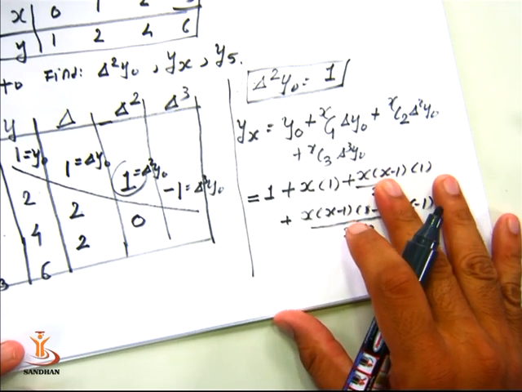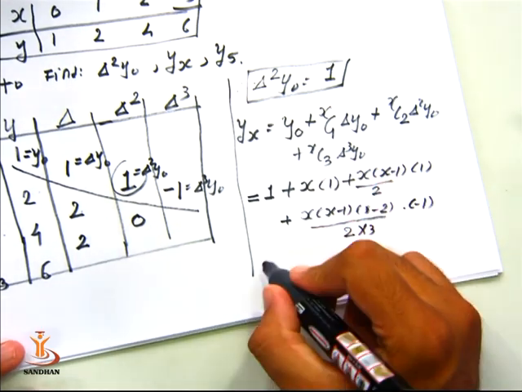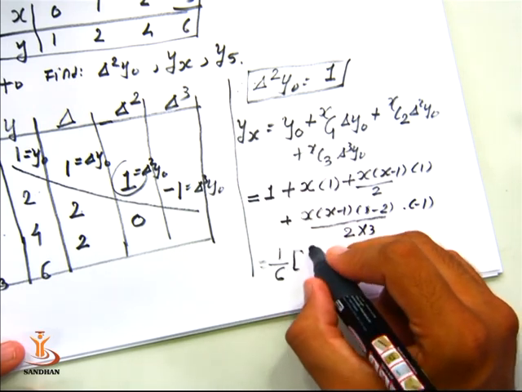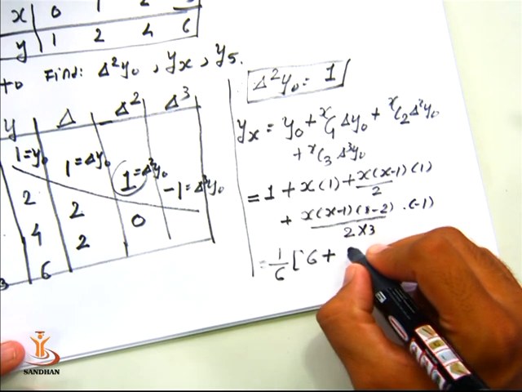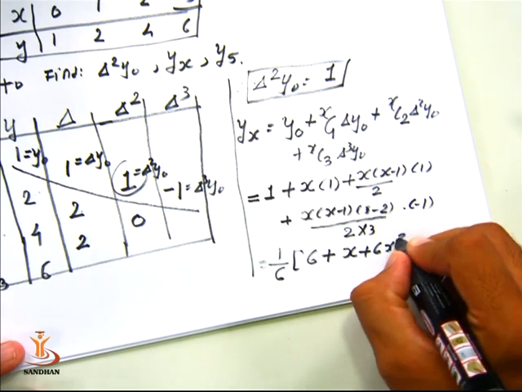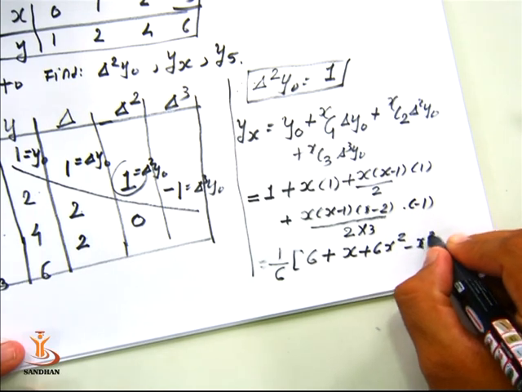So simplifying these things fully, we get our answer as 1 by 6 into 6 plus x plus 6x square minus x cube.